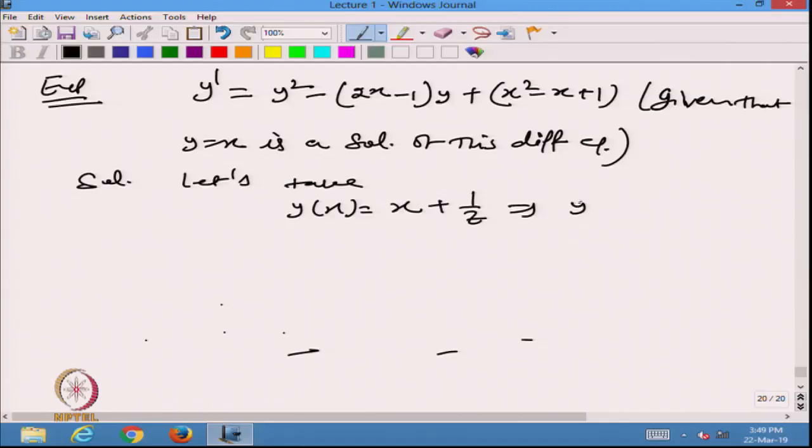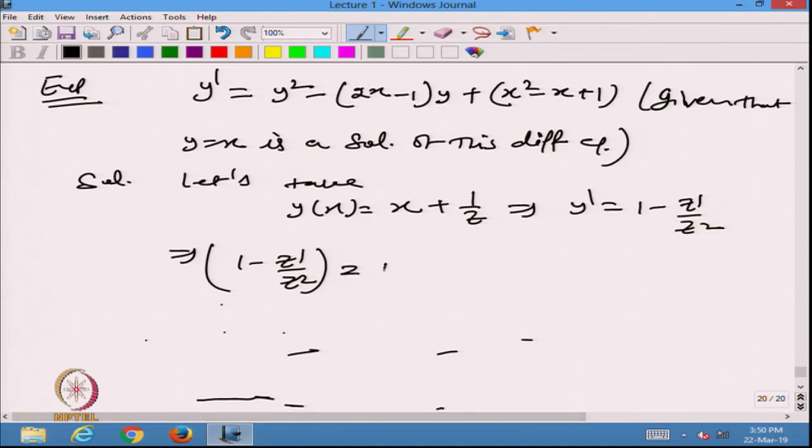From here, I know that y' will be 1 − z'/z². So, I substitute in the equation.